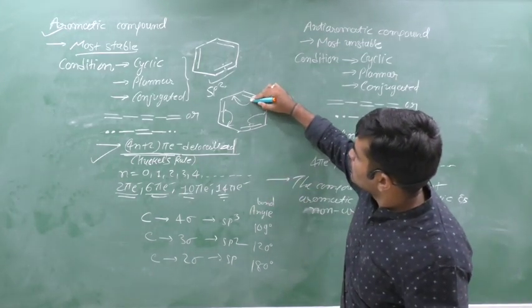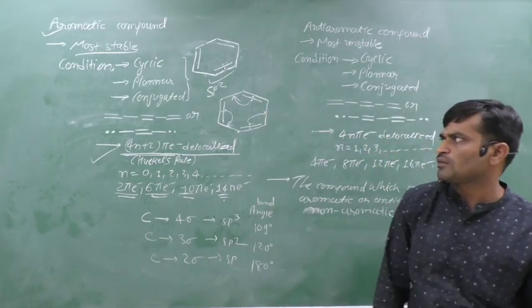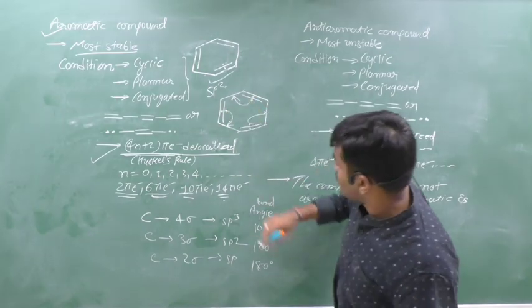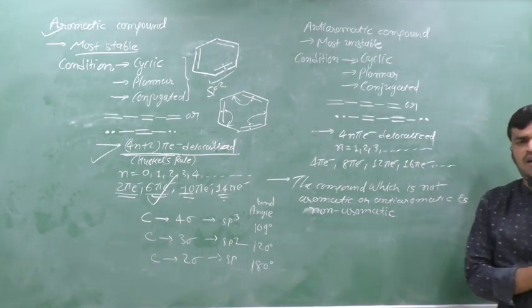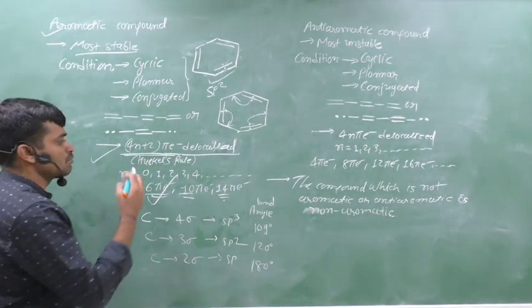In the benzene ring, 1 pi bond contains 2 pi electrons, so 2, 4 and 6 pi electrons are delocalized. Therefore you can say that benzene is aromatic, a very stable compound.